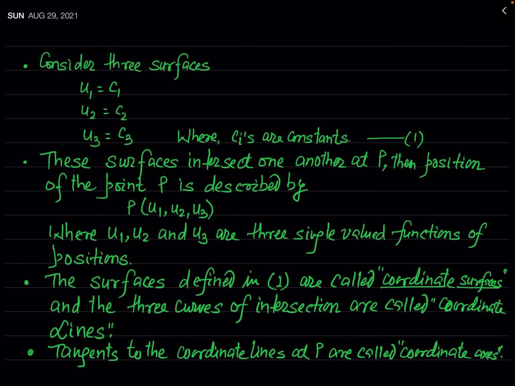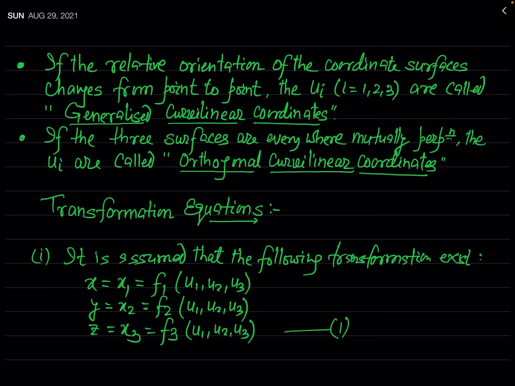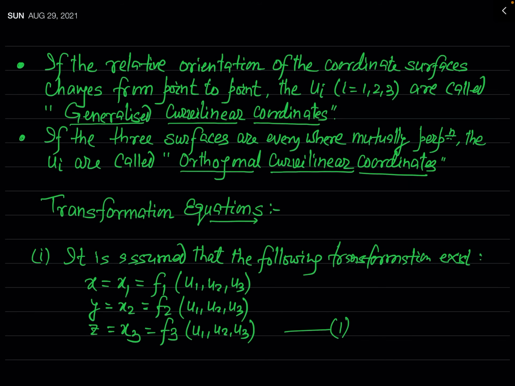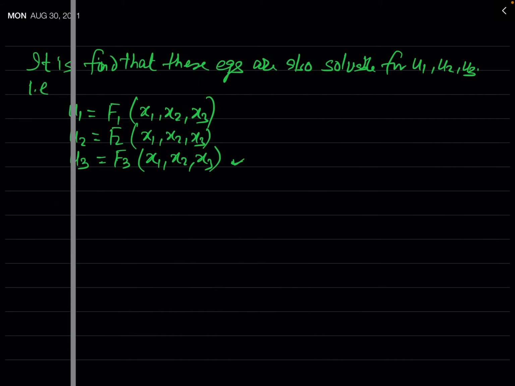Then, according to the transformation equation which I have mentioned here, you can express the position vector r of the point P as a function of u1, u2 and u3. Instead of x1, x2, x3, we can write a position vector r.